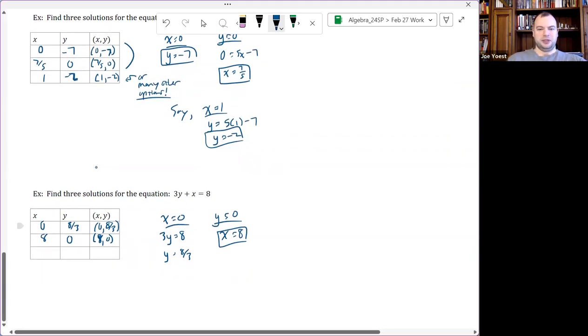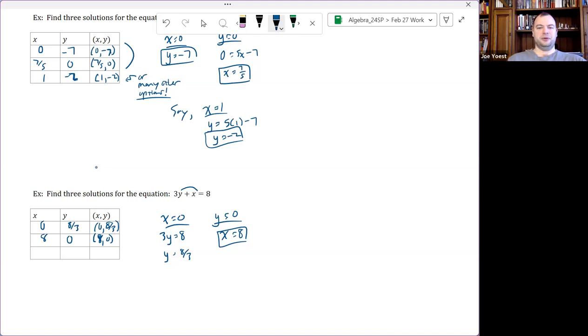And for the next one, the solution associated with x equals 0 was y equals 8/3. Just plugging 0 in here and we get 3y equals 8. The solution associated with y equals 0 is just x equals 8. So (8, 0) for that ordered pair.